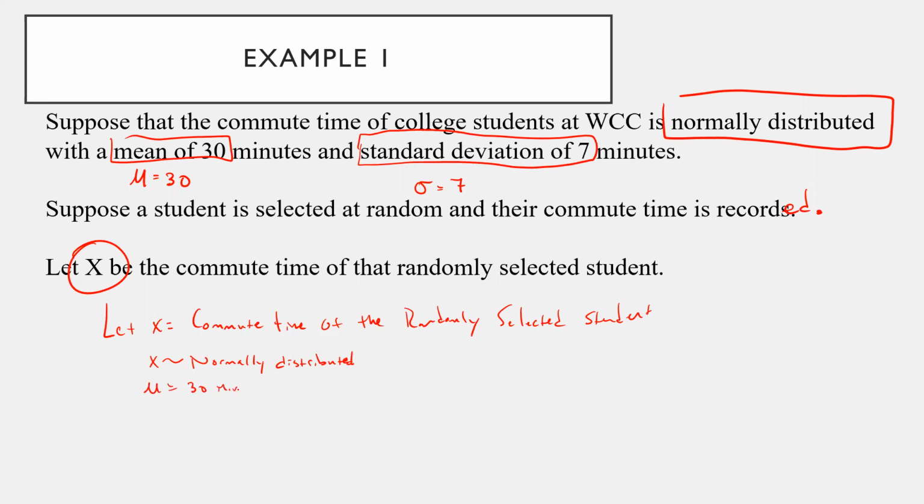So on average, we're saying it takes students 30 minutes to get to campus and a standard deviation of 7 minutes. Basically what I'm going to do now is redo the iPhone question that I was asking last time. I'm going to ask, random variable, draw the probability density function, and then answer some probabilities.